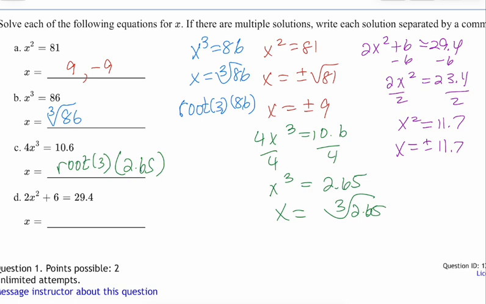Now I'm going to separate them each by a comma. Oh, for square roots, they just like SQRT. And then put whatever's in your square root in parentheses. So I would put SQRT(11.7) and then negative SQRT(11.7).